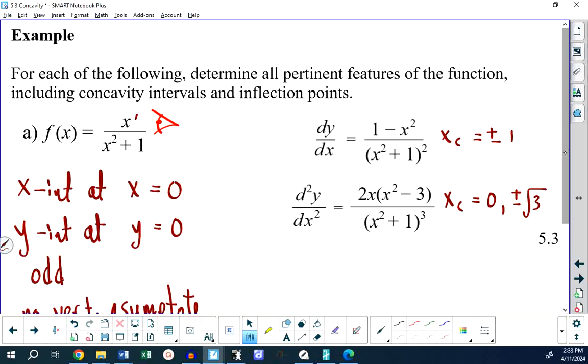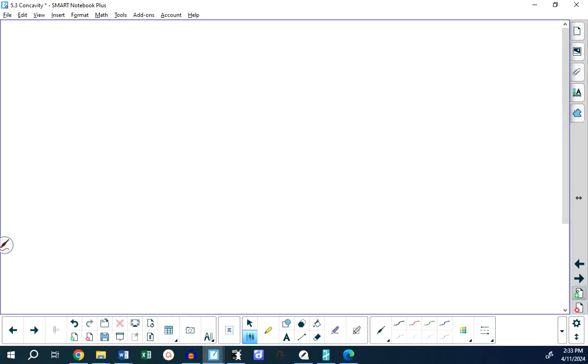No questions? Okay. So let's do a first derivative chart, and I'm just going to freeze this information over here while I write down my table. For the first derivative, I'm going to be going from negative infinity to -1, from -1 to 1, and from 1 to infinity. And across the top, I'm going to put all of my factors.